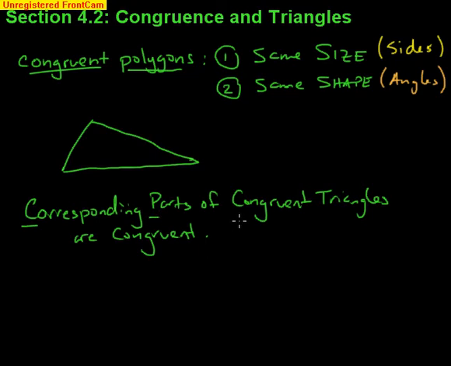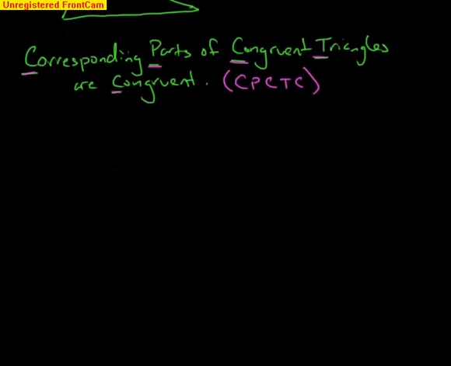CPCTC. I'll do it in a different color. CPCTC. Corresponding parts of congruent triangles are congruent. So it might not mean much right now, but we're going to do an example and show what parts are corresponding and why they are congruent. That's CPCTC.